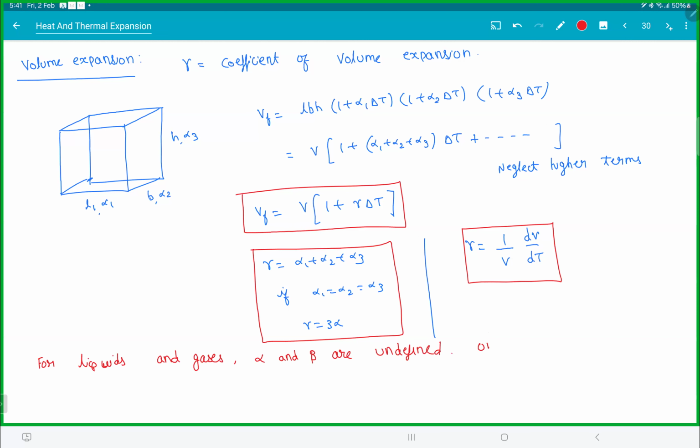Only gamma is defined for them. Have a look at this.